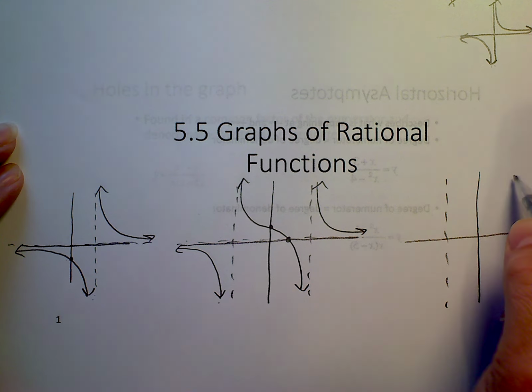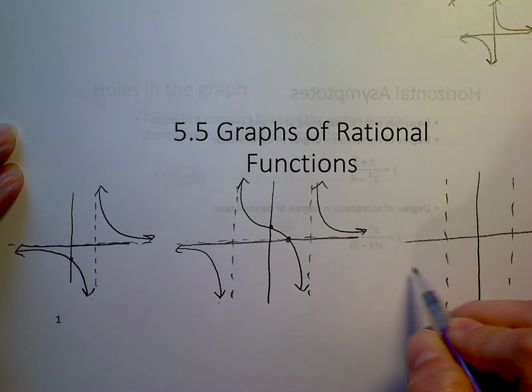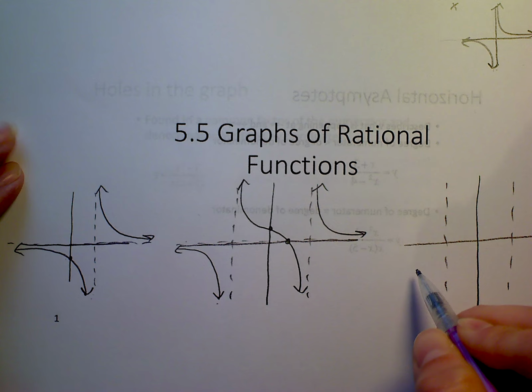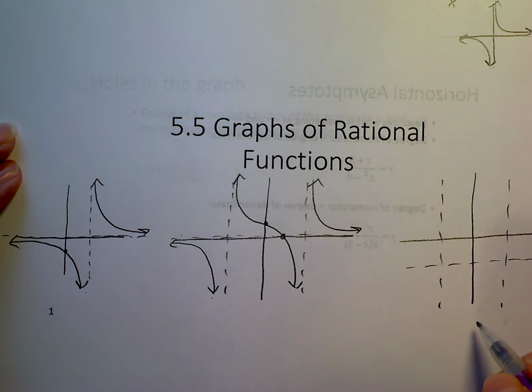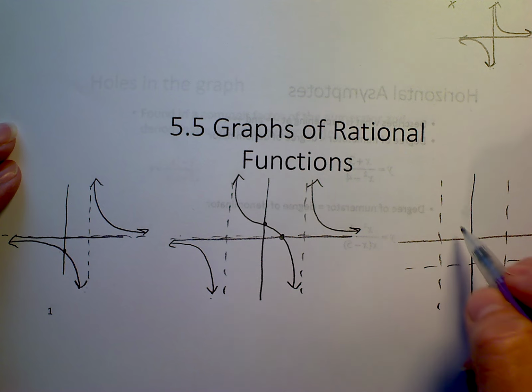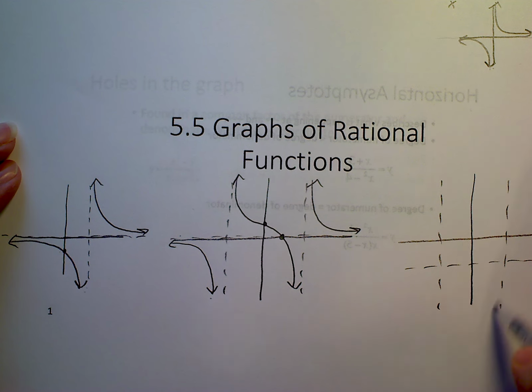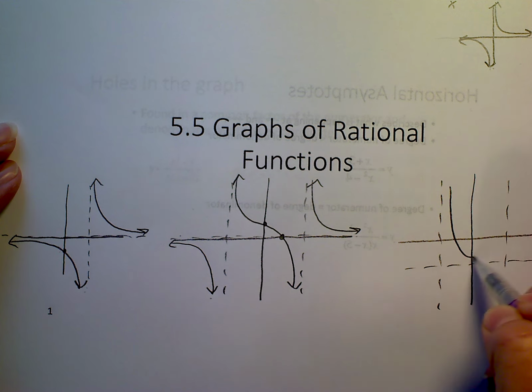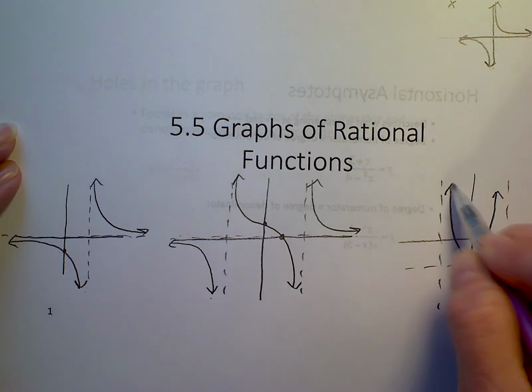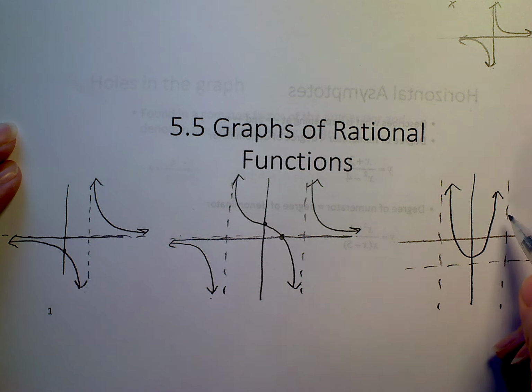Or in the middle, you could have one other kind of shape. Maybe if I have 2 vertical asymptotes here, and just to mix things up, I'm going to put in a horizontal asymptote down here. Just for fun. So we may also have, instead of a propeller type look, an x cubed look, it might look more like x squared. It might look more like a parabola inside.